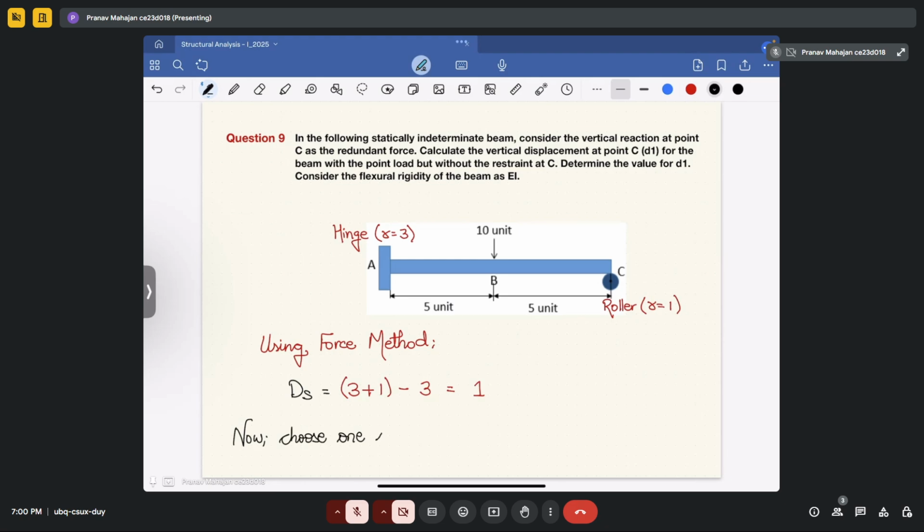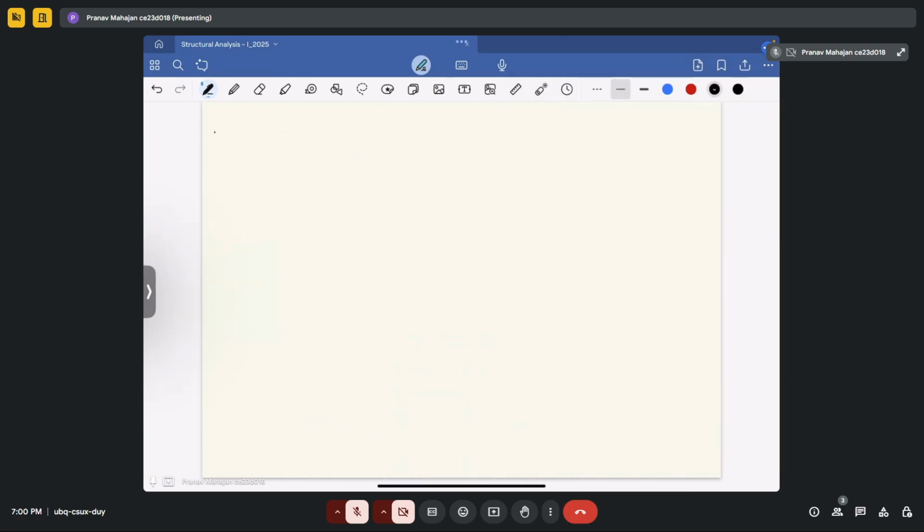That means now you have to choose one reaction as redundant, then remove it, and further calculate the displacement at point C. So point C is the one where the redundant force is there.